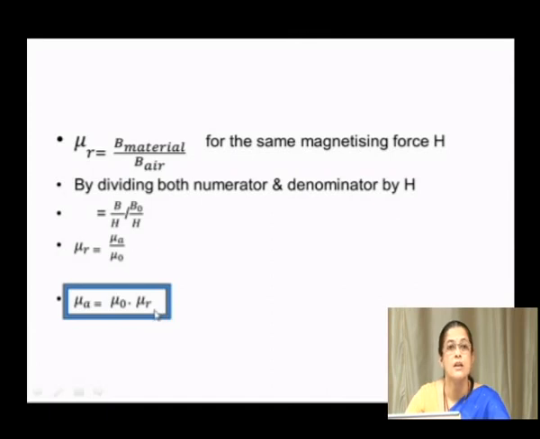So, absolute permeability is the product of mu naught and mu r, where mu naught is the absolute permeability of air and mu r is the relative permeability. Relative permeability is nothing but the ratio of flux density of the material with respect to air.